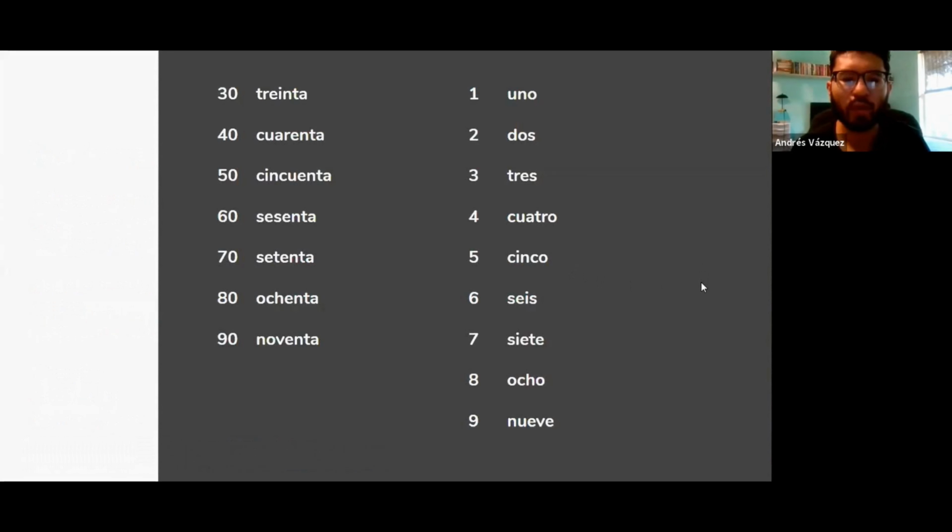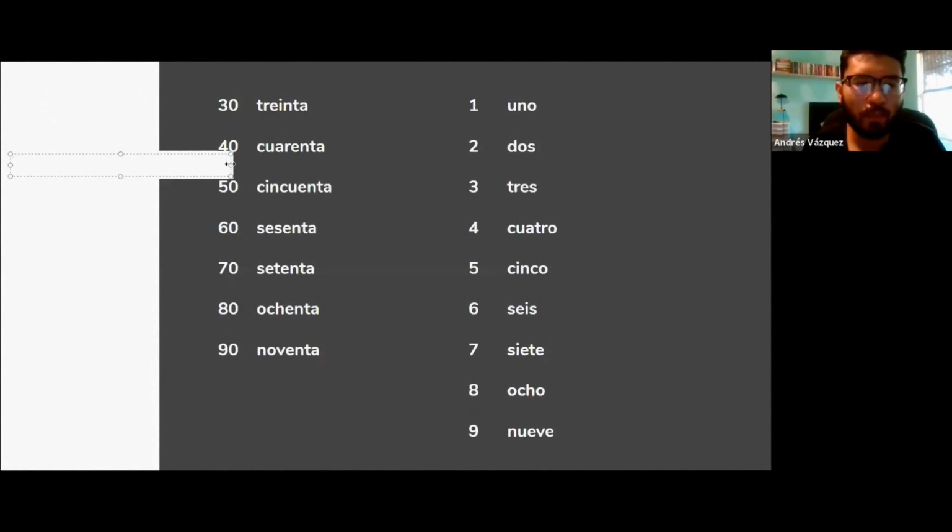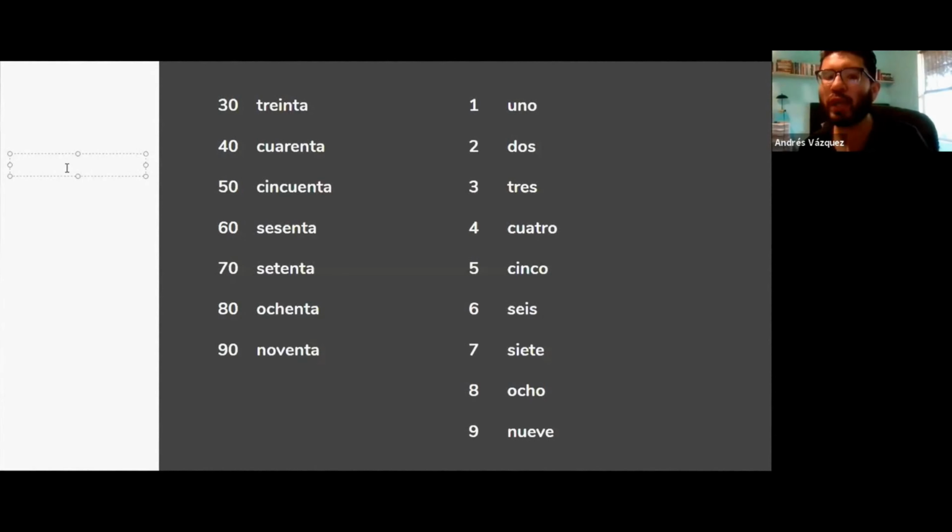So here again we have two columns, one with the tens place, one with the single digit numbers, no? And the reason that we have these two columns is to try and show that the pattern that we just talked about is consistent, in fact, because if we have a number, whatever number that we try to come up with, we just combine the two names here.